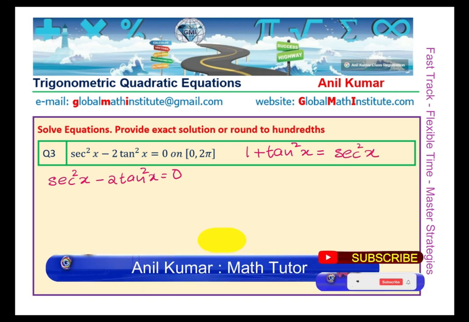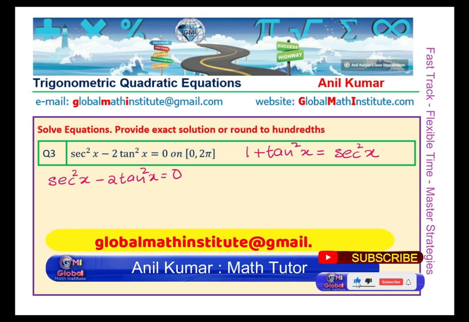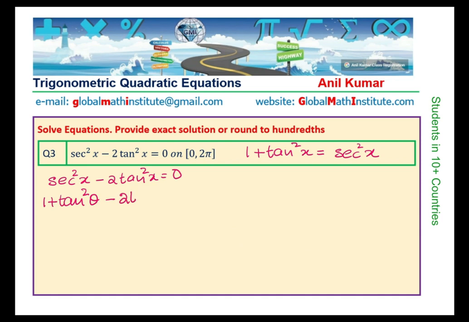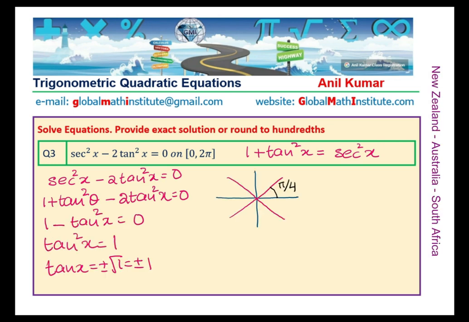So I'll replace secant square x as 1 plus tan square x minus 2 tan square x. So we're left with 1 minus tan square x. Tan is 1.